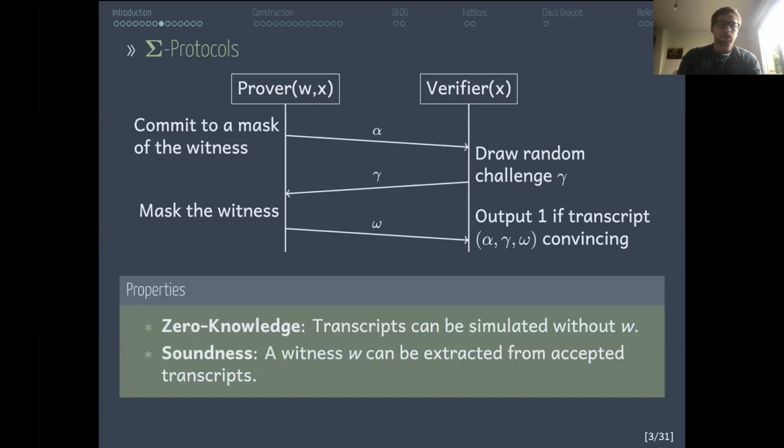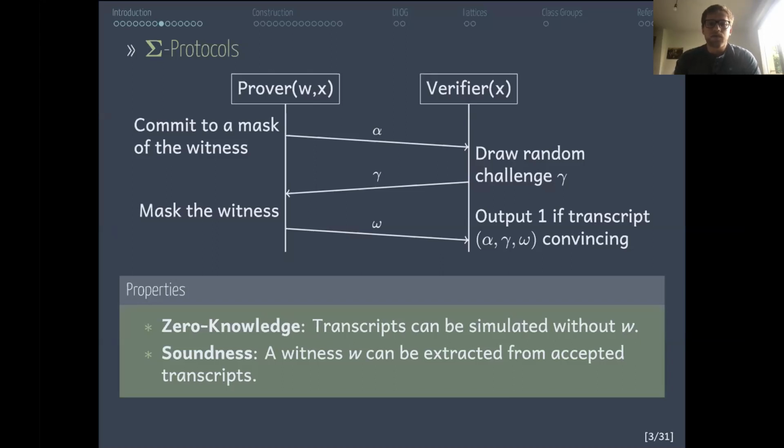And for this to make sense, we need two properties. The first one being zero knowledge, we want to preserve privacy. So we want that transcripts can be simulated without knowledge of W. And so this is the technical notion.